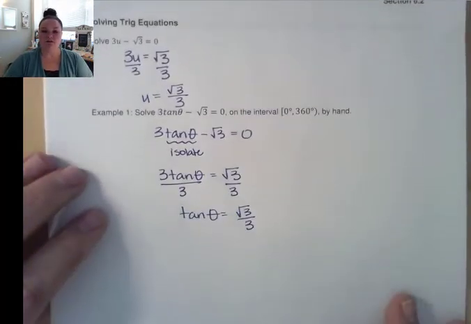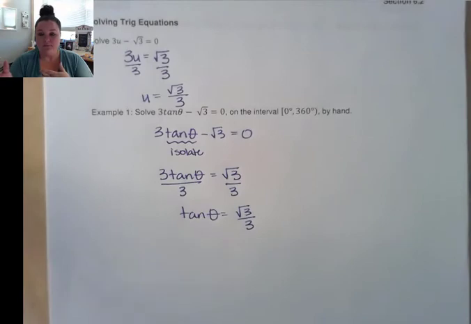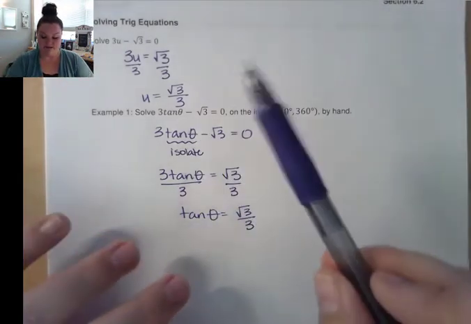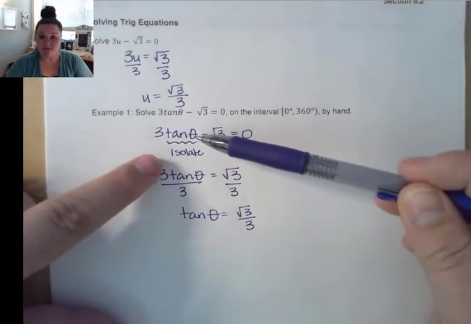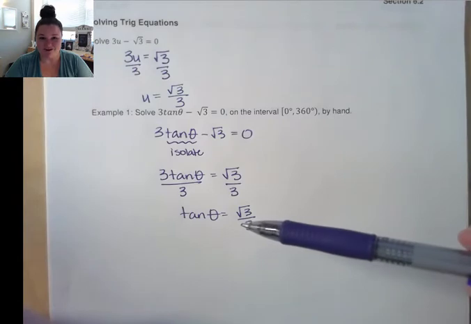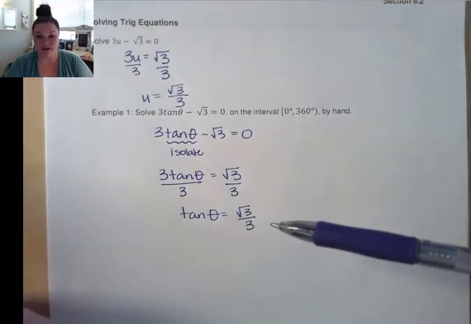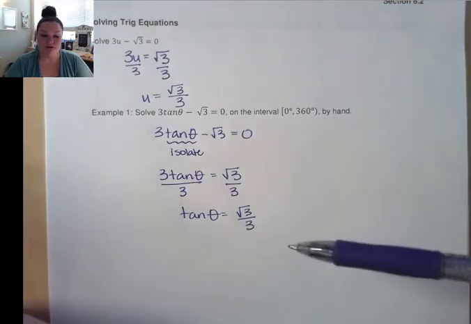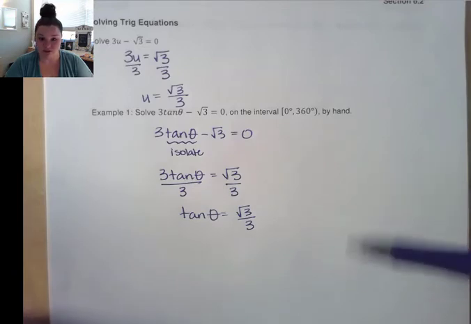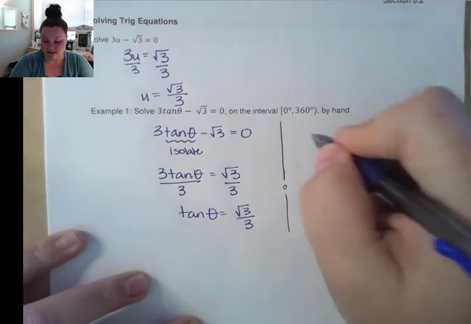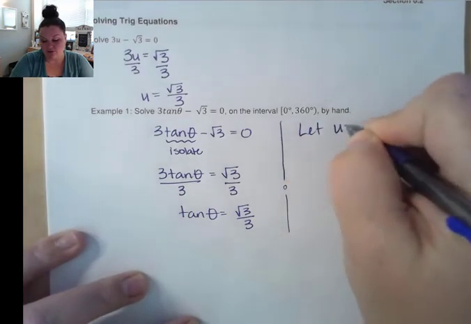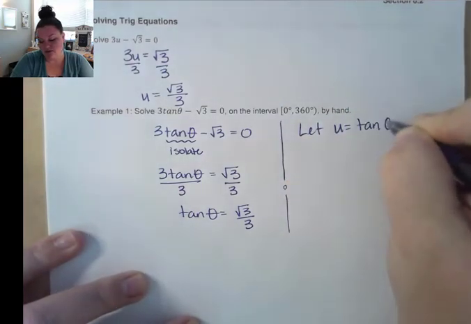So a good way to solve trig function equations is, if seeing a trig function within an equation bothers you, you can do a u substitution. In other words, you could just say, let u equal tangent theta.